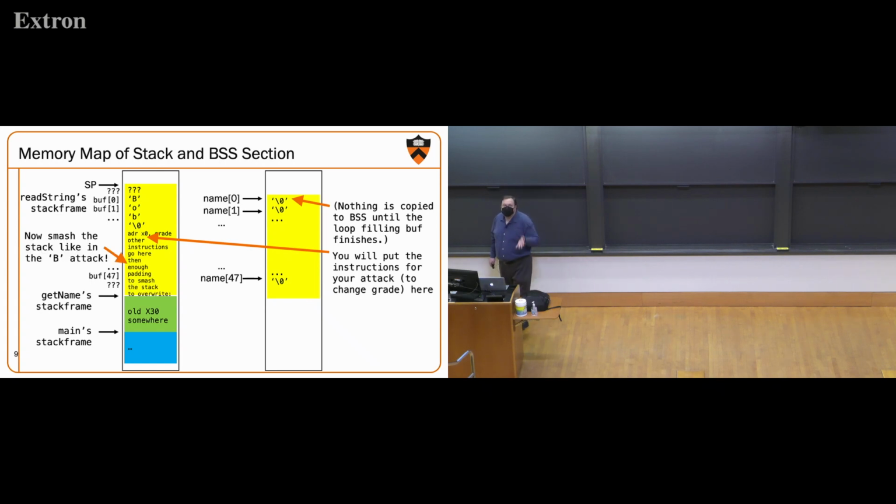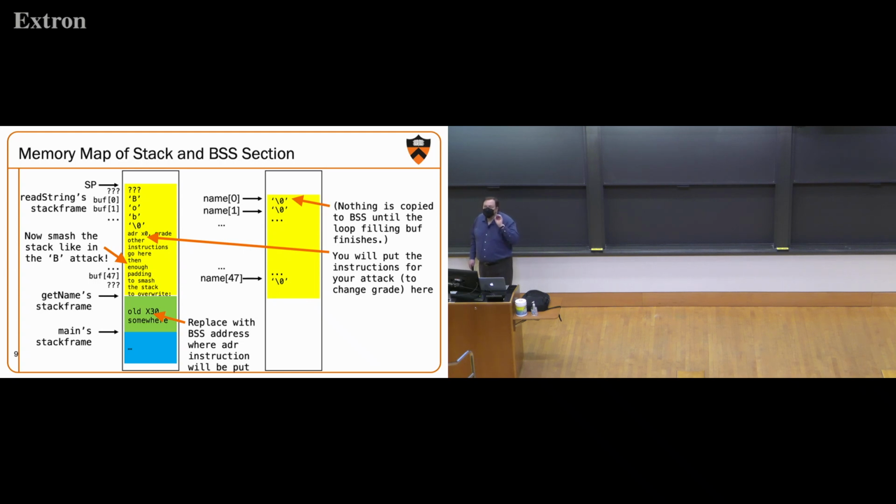Now you go ahead and you smash the stack, you insert whatever additional padding you need, you get into getName's stack frame and overwrite the return address that lives there. And what do you overwrite it with? Well, you are going to overwrite it with an address in the BSS section where you know the instructions that you included are going to end up.